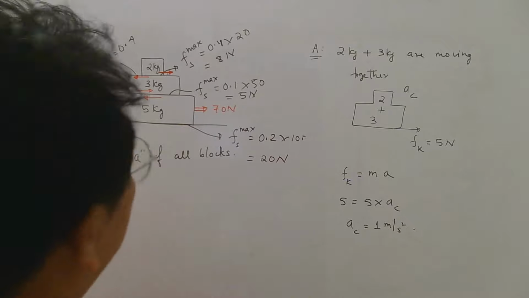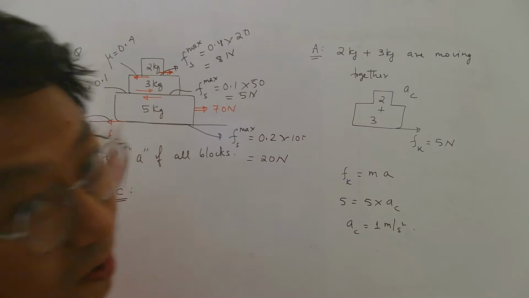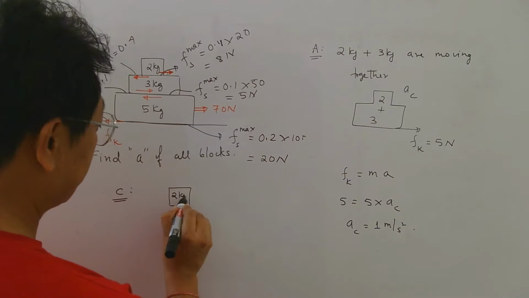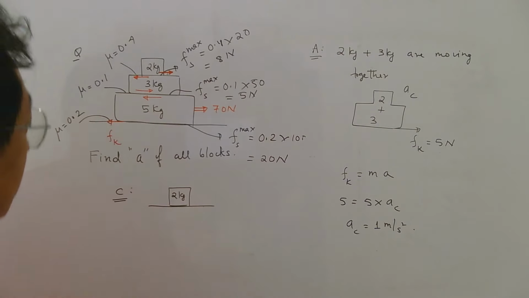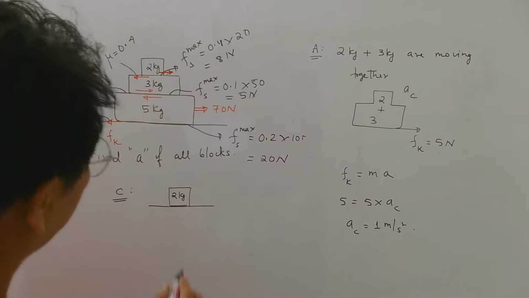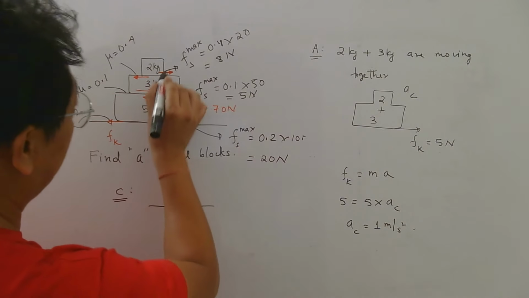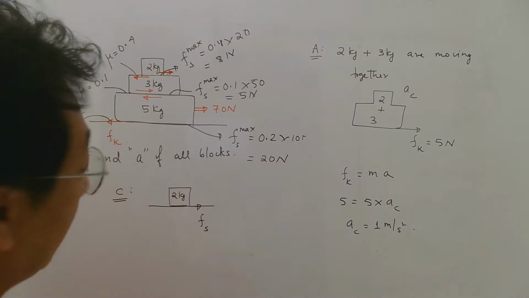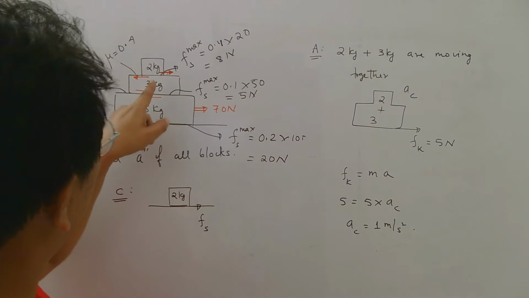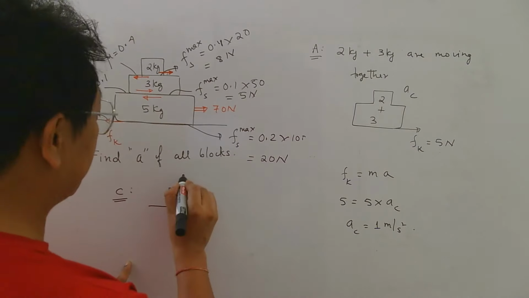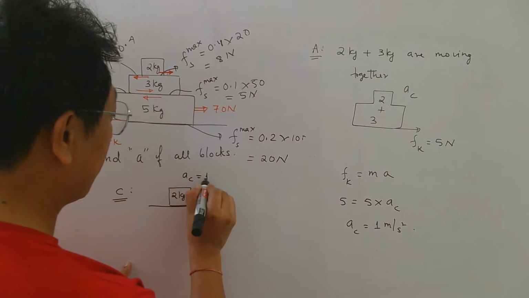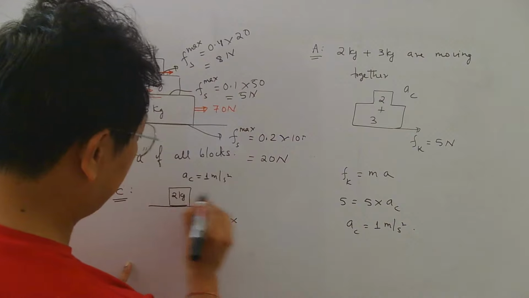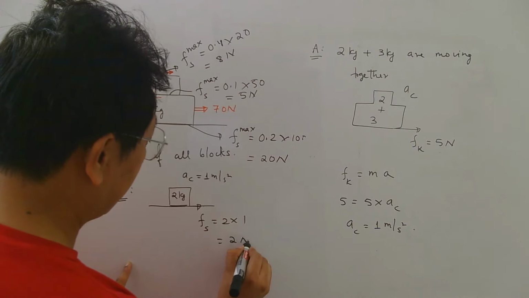To check this assumption, we have to see whether friction here is static or not. So let me take the 2 kg block. This is the surface of 3 kg. Now here there is friction, this red color friction, Fs. And if this is moving together with 3 kg, then it should have this much acceleration, 1. From Newton's second law, mass into acceleration, 2 into 1, 2 Newton.